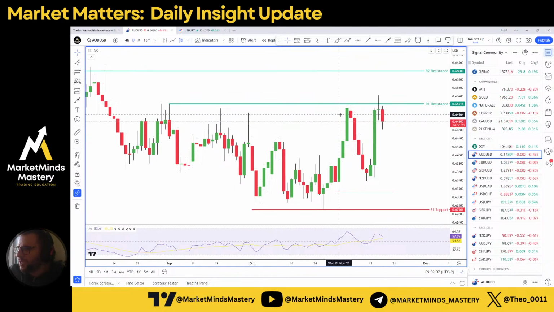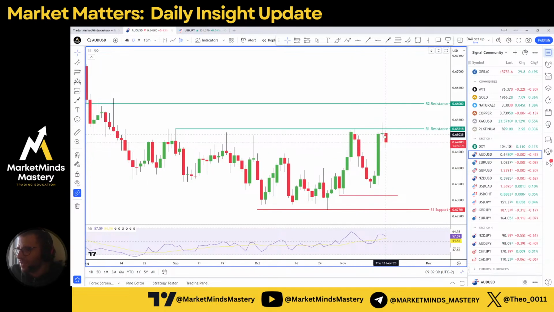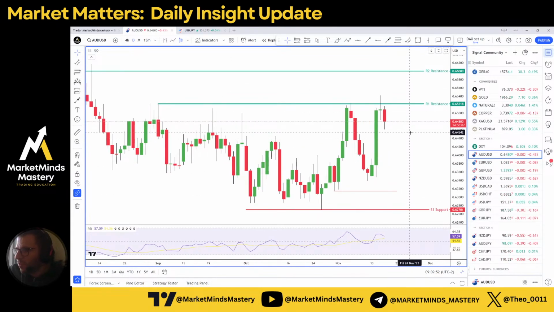Australian dollar against the US dollar, price at resistance. Now, understand that this market is not in a trend. Okay, so it's in a consolidation, ranging. Now, when I used to live in Australia, I used to take these trades, but now living in Europe, due to the time barrier, I'm not awake when the Asian session kicks in to take the trade.